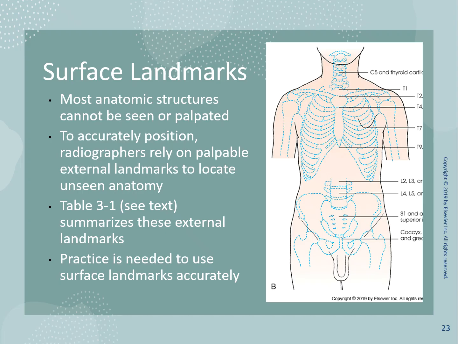T7 also corresponds to the inferior angle of the scapula. T7 is going to be critical to finding the midpoint, superior to inferior, of the thoracic cavity. And so we'll be using localization of T7 to position for our chest x-rays.